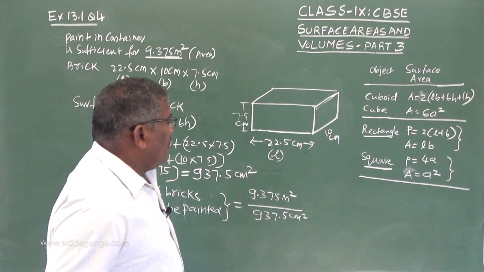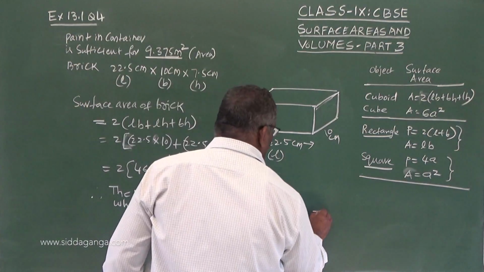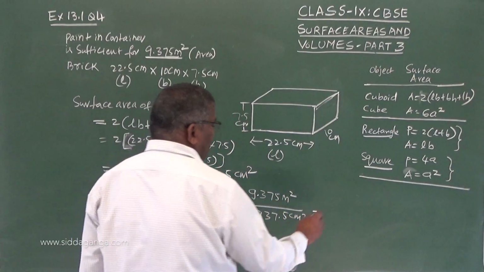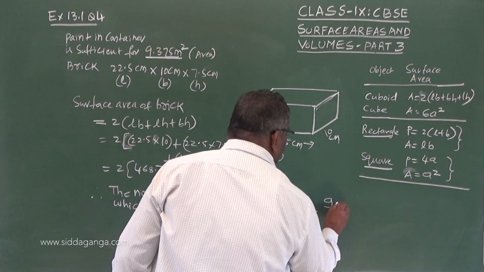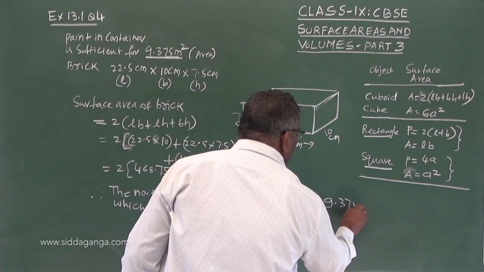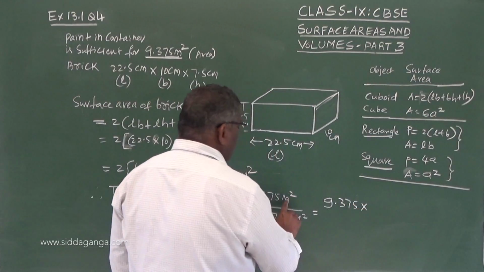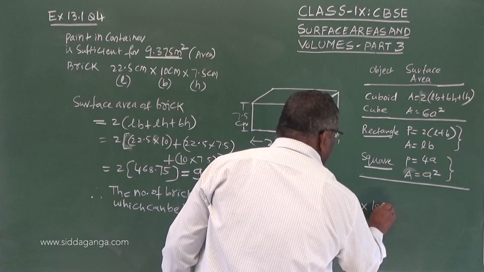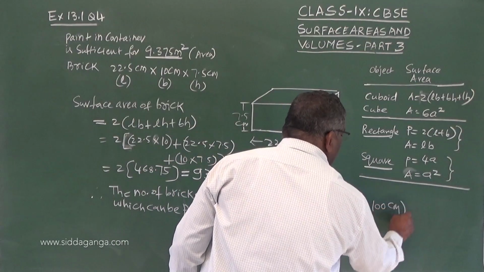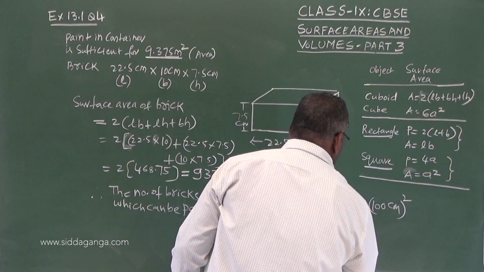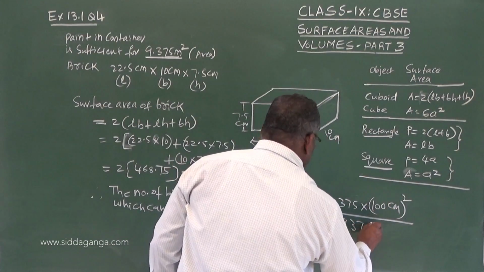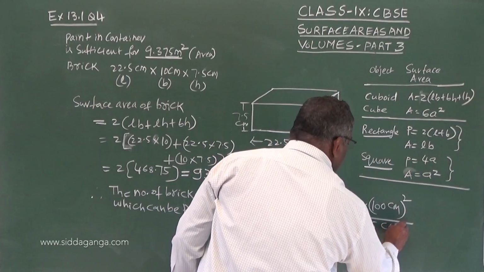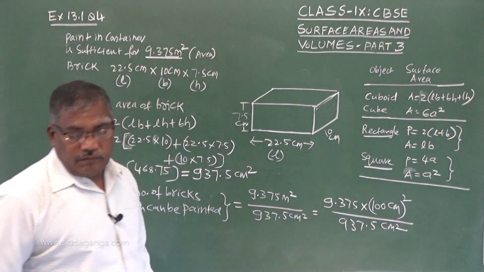Now you observe here. So 1 meter is 100 centimeter. So what I do is 9.375 into 100 centimeter square divided by 937.5 centimeter square.